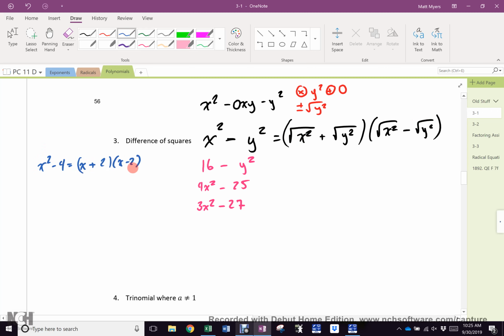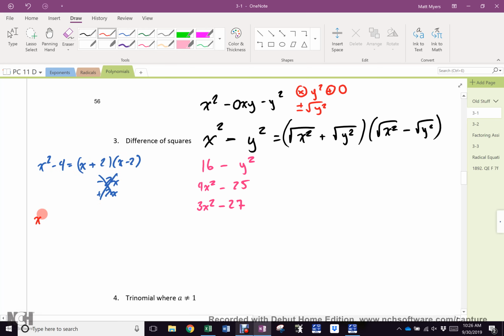X minus 2. Now check it. X times x is x squared. X times negative 2 is negative 2x. 2 times x is positive 2x. What's going to happen right there? They're going to cancel each other out, and then 2 times negative 2 is negative 4. Is everybody good? All right.